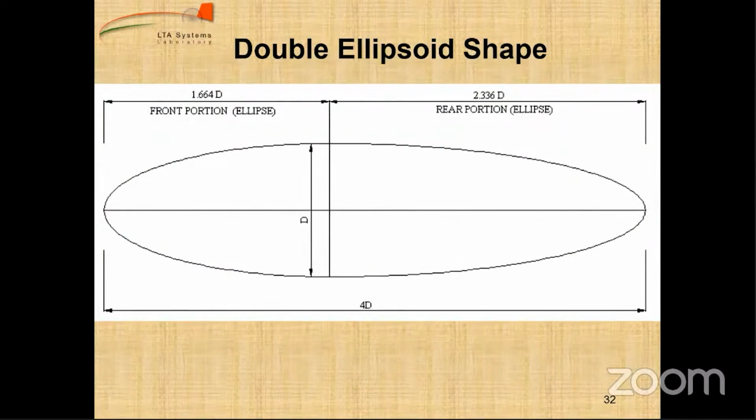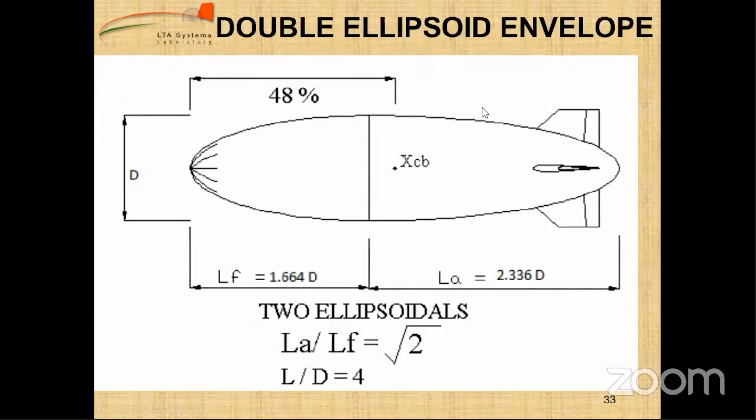So there are two ellipsoids which are joined together at the same diameter. The front portion is an ellipse and the rear portion is also an ellipse. When we express all the parameters in terms of the diameter, this distance is 1.664d and this distance is 2.336d.